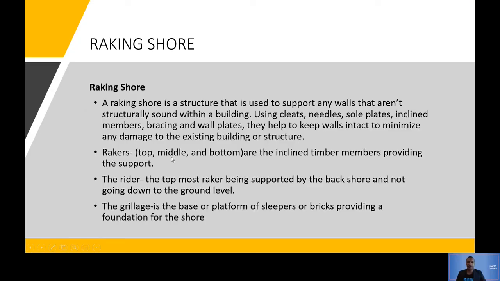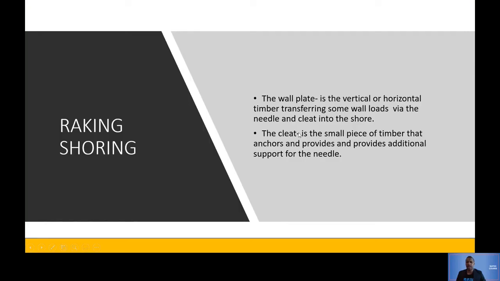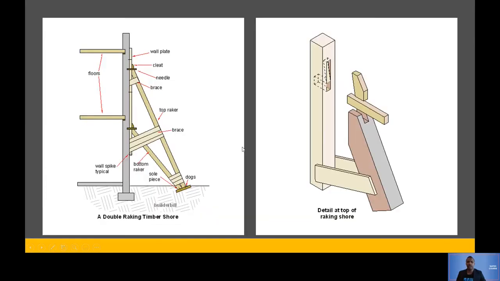It has rakers, which are the main members, but it also has a rider and a bridge. These are some more members of a raking shore: a wall plate, cleats. All of these were in the video, but just to show you on a drawing, you have the rakers, which are the main members. These are the diagonals.